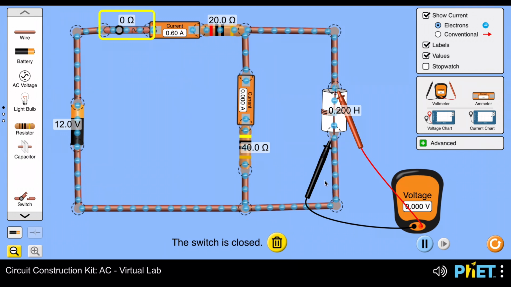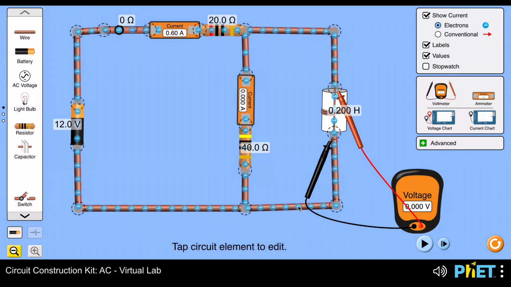And since the inductor is short circuiting R2, there's no current that will flow through this branch. Now we have reached a steady state. The question in the sample problem wants us to know the current that would flow through R2 immediately when the switch is open. So let's try that out. I'm just going to pause this, and then I will open it now.